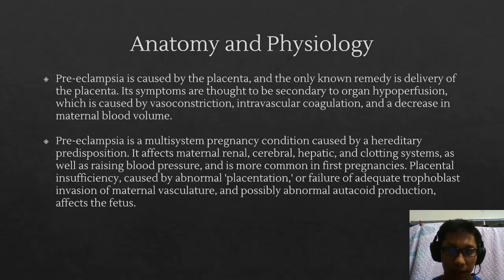Preeclampsia is a multi-system pregnancy condition caused by a hereditary predisposition. It affects maternal renal, cerebral, hepatic, and clotting systems, as well as increasing blood pressure, and is more common in first pregnancies. Placental insufficiency caused by abnormal placentation or failure of adequate trophoblast invasion of maternal vasculature, and possibly abnormal autocoid production, which affects the fetus.